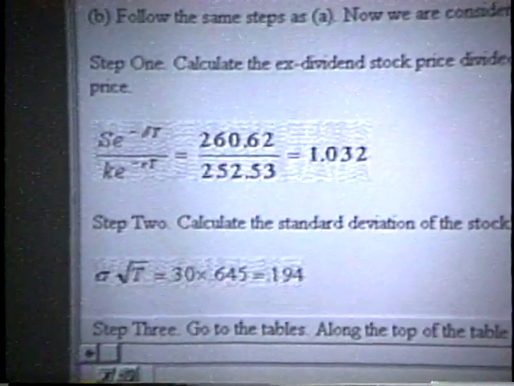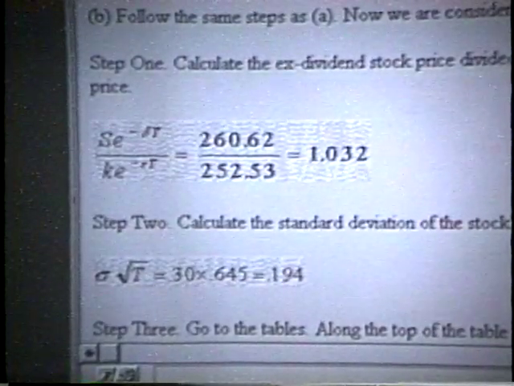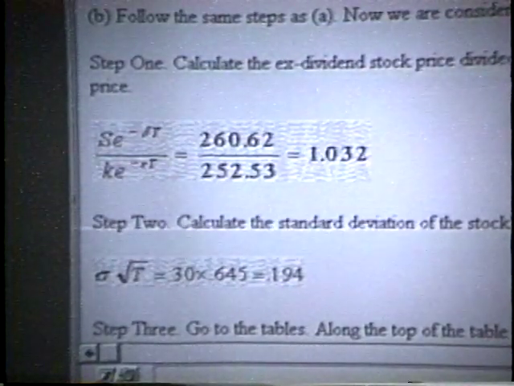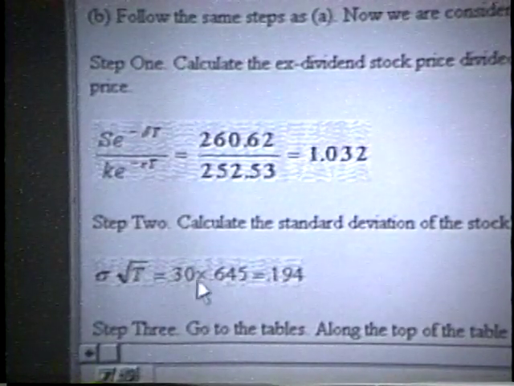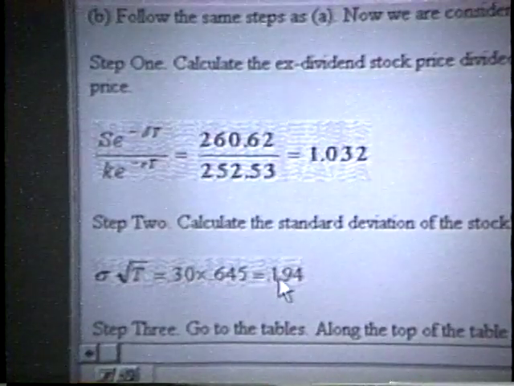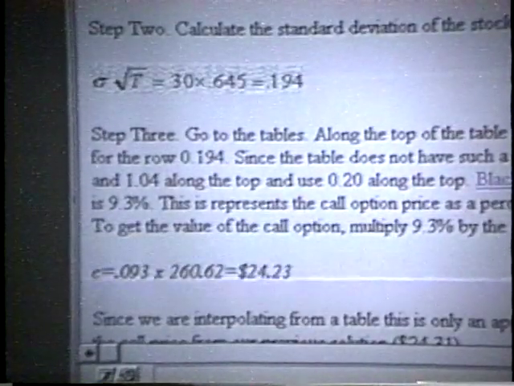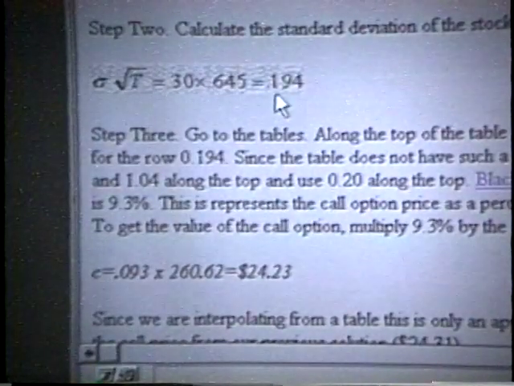It's now 1.03. Remember before it was 1.02. Calculate the standard deviation to maturity. That's also greater, which makes sense. There's more time. The t is greater. We're using the same 0.3, but we're using a larger t. Now we're going to go to the tables again and look down 1.03 and look across at 0.194.